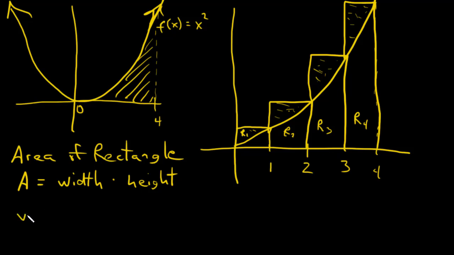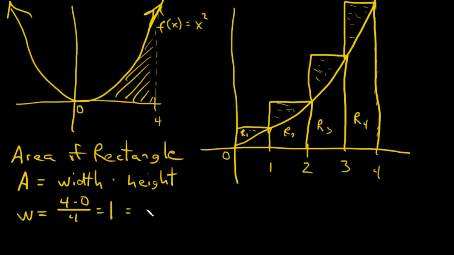Well, I can just look at it and tell you the width is 1, but let's say I couldn't look at it and tell you it was 1. Well, I'm going from 0 to 4, and I have 4 rectangles that are all the same width. How do I figure out what that width is? Well, 4 minus 0, the total width, divided by the number of rectangles.